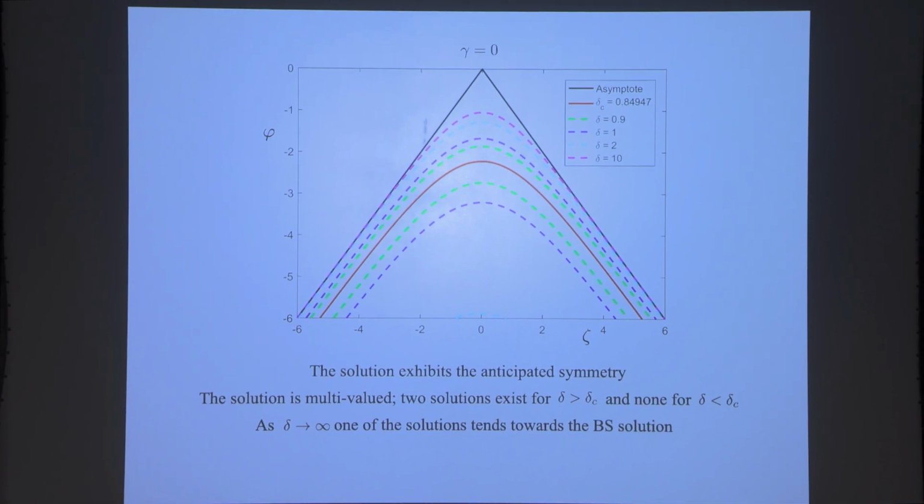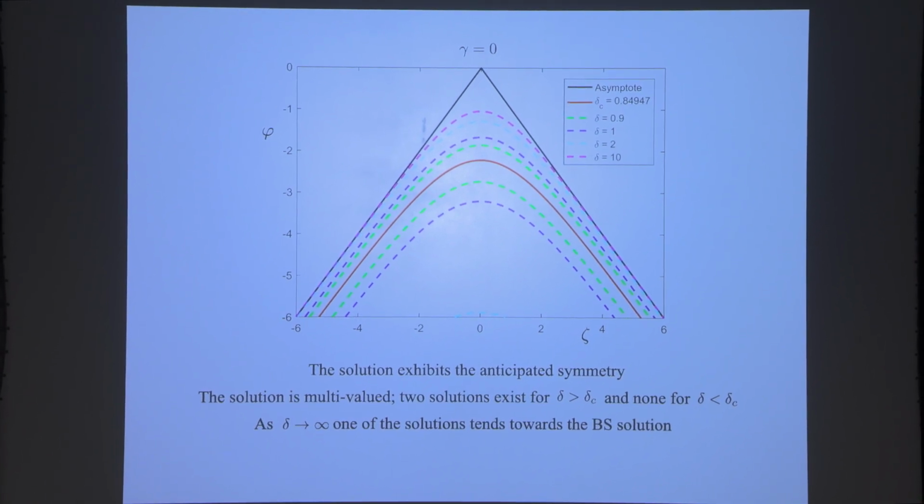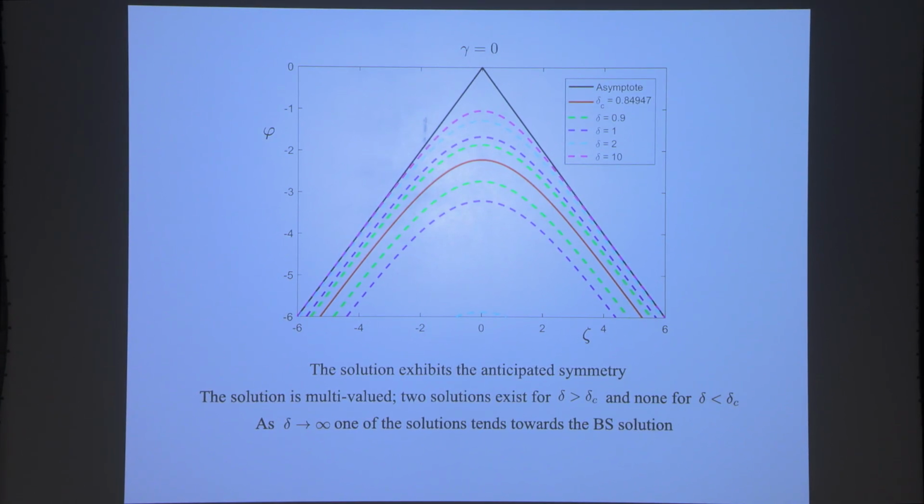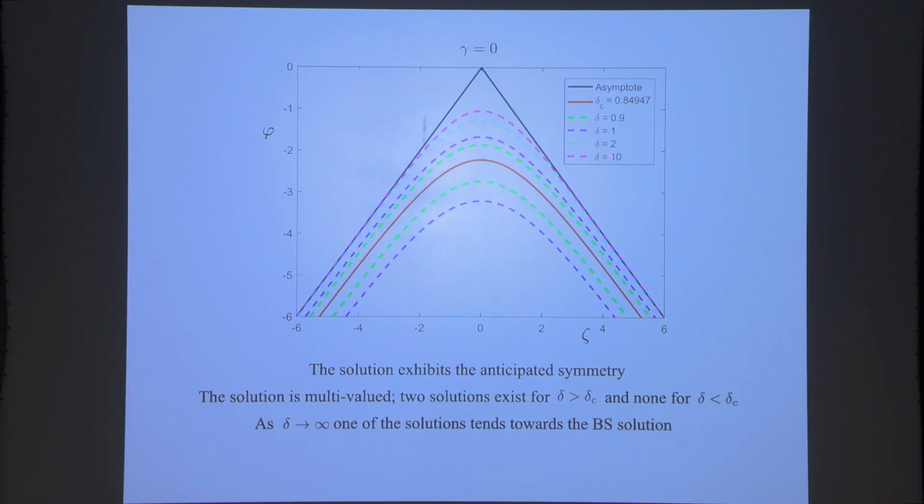And this is some numerical integration. I start with gamma equal to 0, and let's start with delta equal to 10. So delta is very large, equal to 10. It's this purple curve here. And you see that it's very similar to what we have talked about, the Burke-Schumann limit, right? It's simply connecting the two slopes.